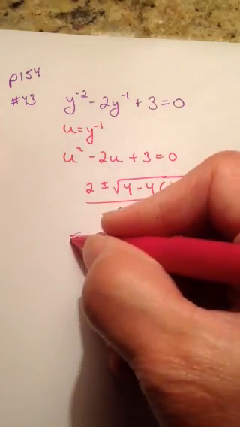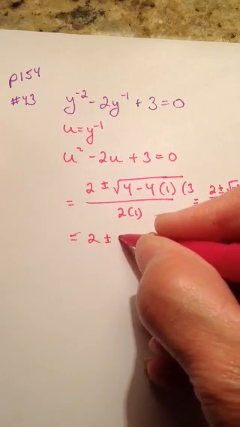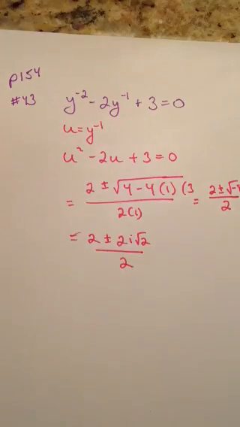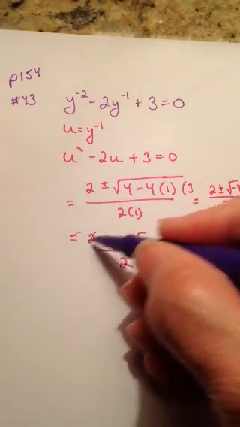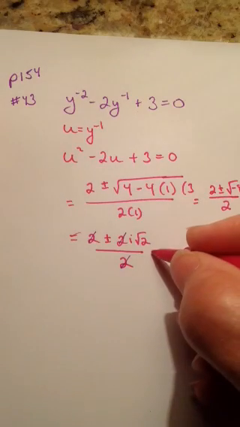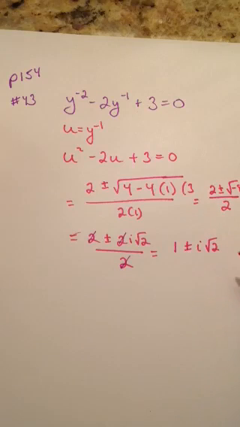And I can simplify that further to be 2 plus or minus 2i root 2 over 2. And remember, as long as all three of these are divisible by the same number, it's valid to do that. So now we have 1 plus or minus i root 2.